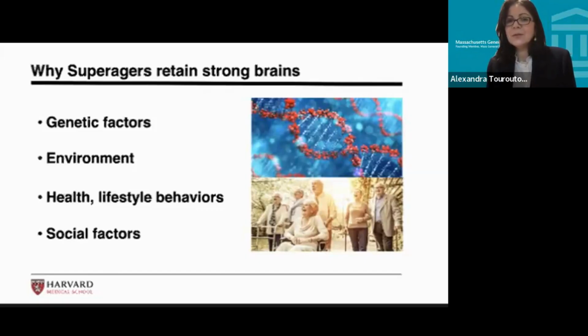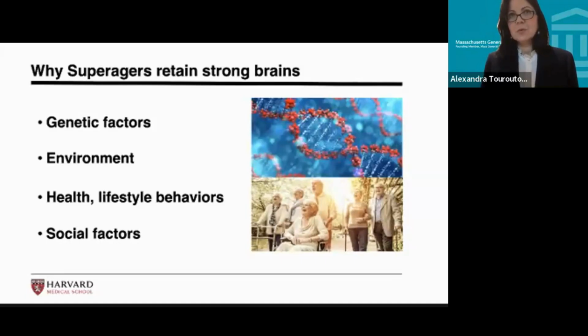But we don't know yet how someone becomes a superager. There are many unknowns, but it is almost certainly a mix of genes, one's environment, and brain health behaviors like staying mentally, physically, and socially active that we believe allow superagers to resist the decline in brain power.